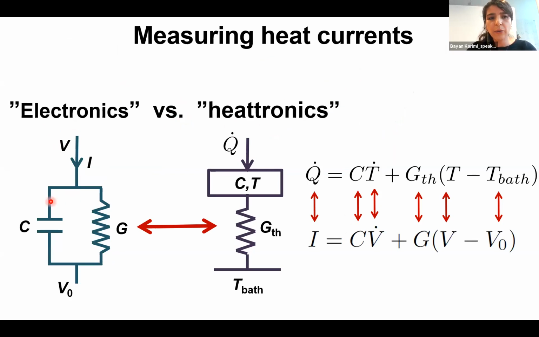I first want to take this system that I showed before, which we call heatronics, and make a one-to-one connection to the electronic circuit setup, which is very usual. For example, here you can see a simple RC circuit.